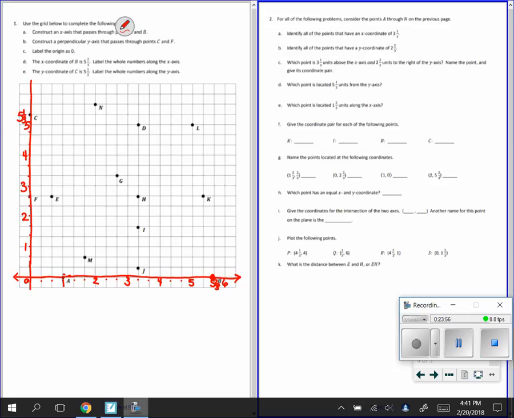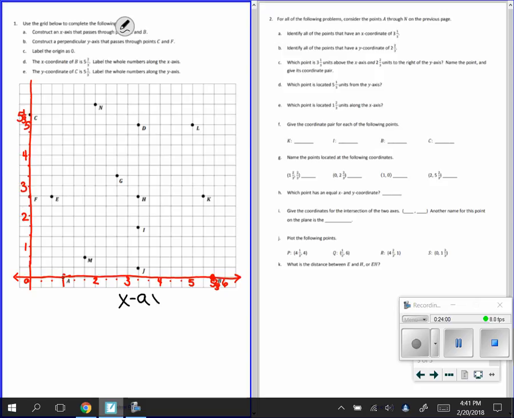So the x axis is down here. So the x coordinate of 3 1/3 is right here. So everything that has an x coordinate of 3 1/3 is right here, right here, right here, and right here.